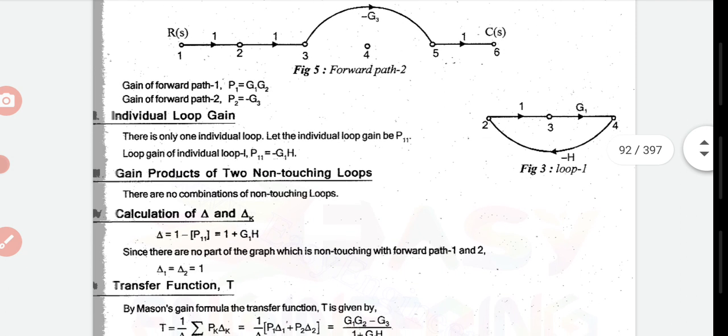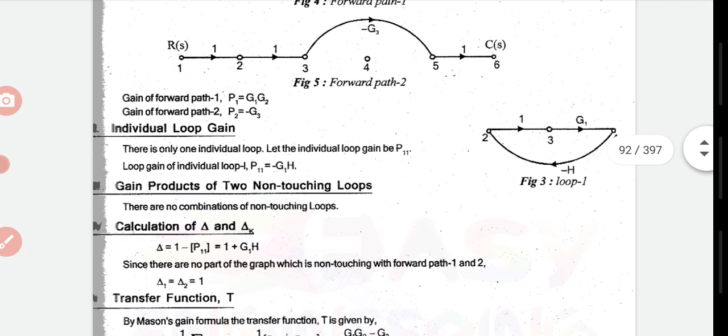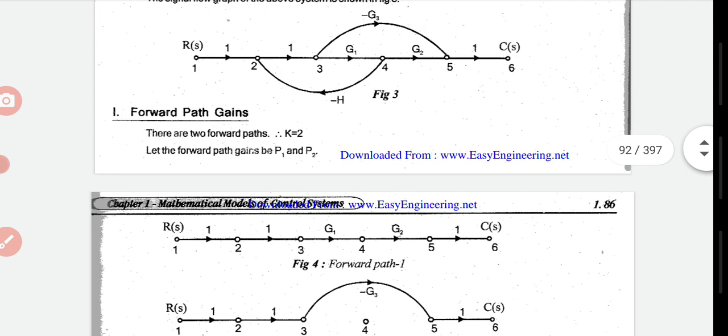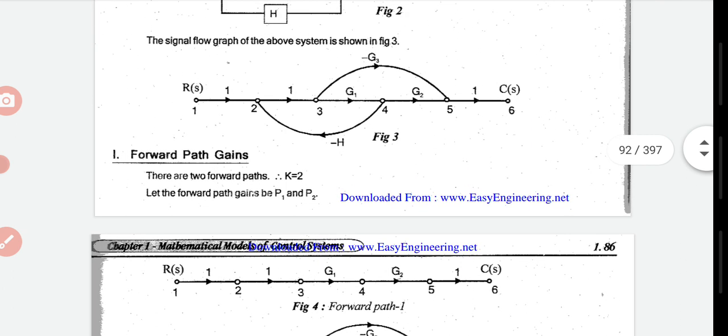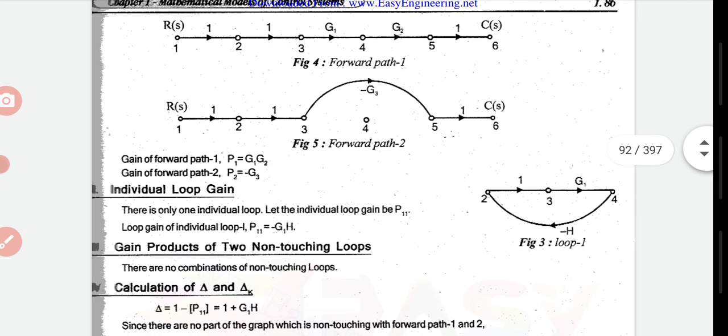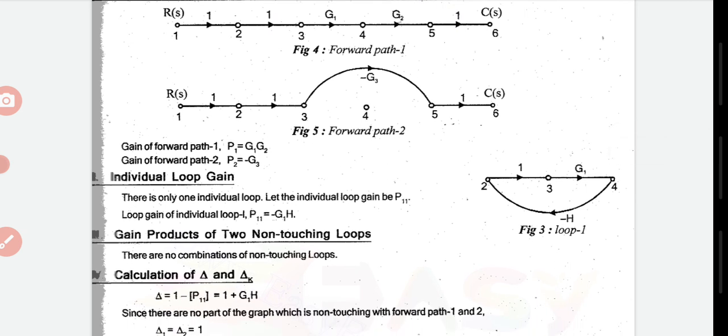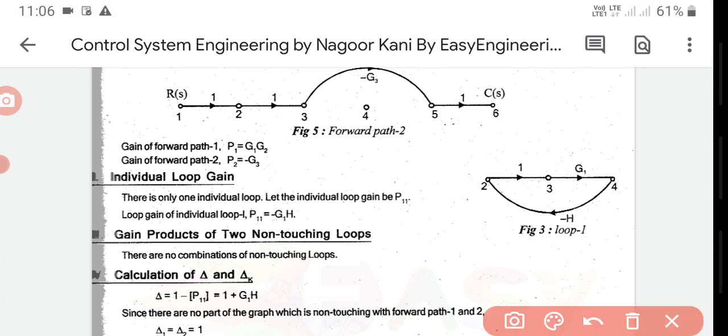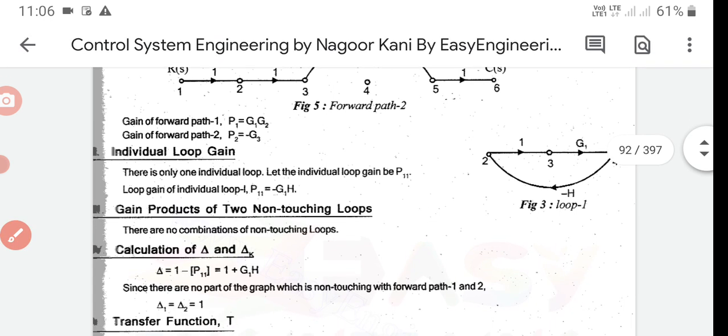Now how many individual loops are there in this signal flow graph? We have only one loop. For that loop, the loop gain of individual loop 1 is P11 equal to minus G1 into H, that is, you multiply the gains 1 into G1 into H. Second, the gain products of two non-touching loops.